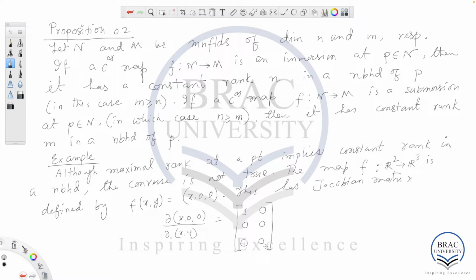So this is the Jacobian matrix. This matrix has constant rank 1 everywhere in R2. On all of R2, this matrix has constant rank. The rank is 1, right?